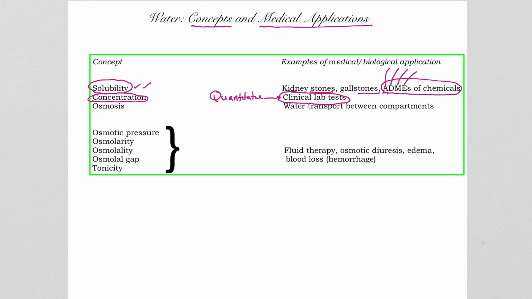Then we have other very important concepts. Osmosis is a chemistry concept which helps us explain how water travels between the various compartments in your body, and we'll talk about these compartments in a few seconds. And then we have concepts related to osmosis, such as osmotic pressure, osmolarity, osmolality, osmolar gap, tonicity, and so on.